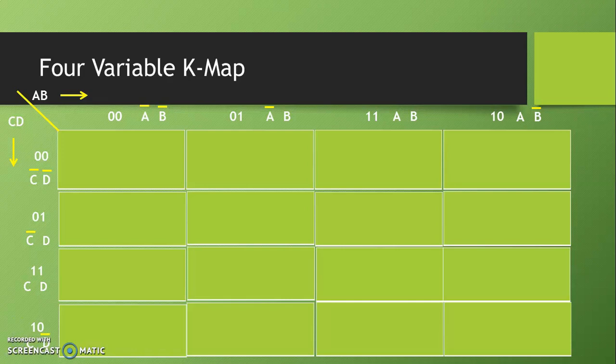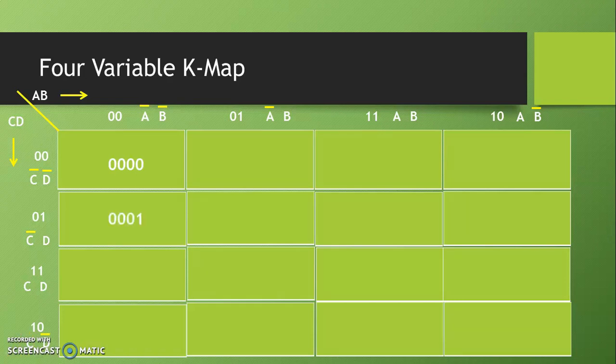The product term of each cell is respective to its position, its row and column. For the first cell, we take 0 0 from AB and 0 0 from CD. So the binary equivalent for the first cell is 0 0 0 0, and the product term is A bar, B bar, C bar and D bar.